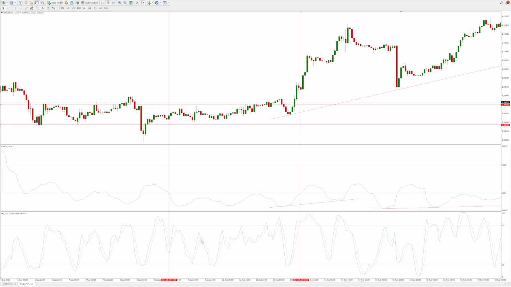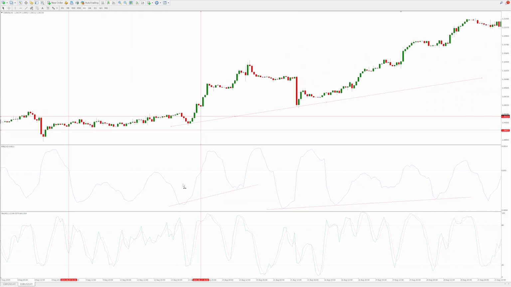When the main line crosses the signal line down, a potential sell trade. Ideally for buys, you want the stochastic to be in and around the 20 level, and for sell trades, you want it to be in and around the 80 level. This is because 80 and above is considered overbought, 20 and below is considered oversold.